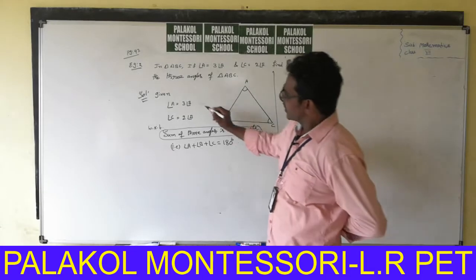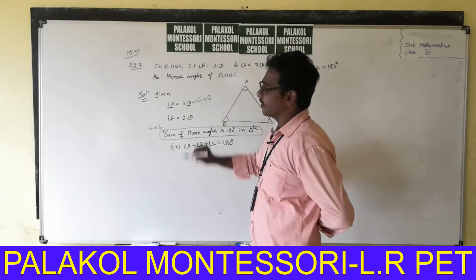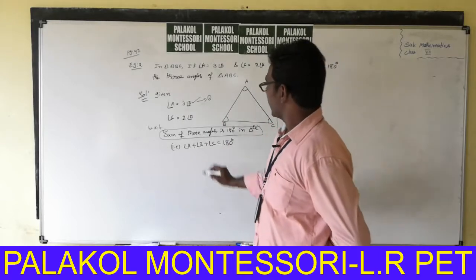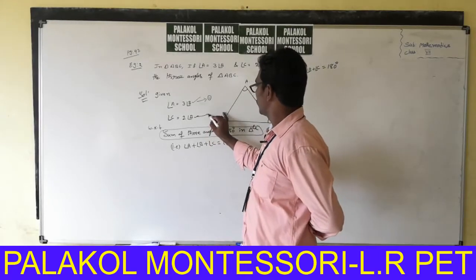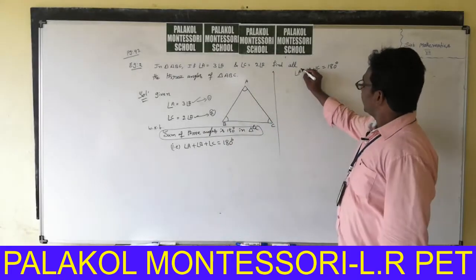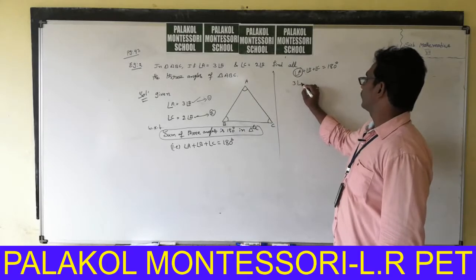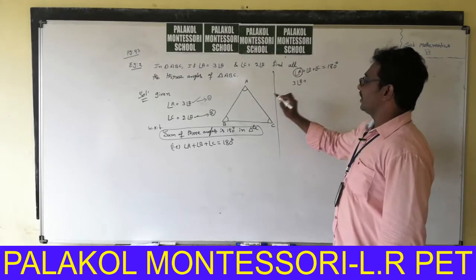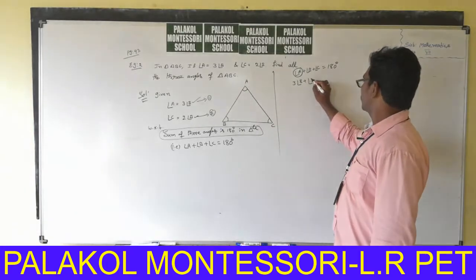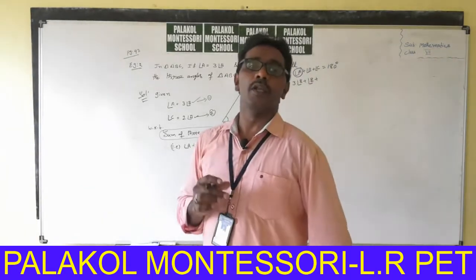Guys, see, angle A value is given as 3 angle B, angle C value is given as 2 angle B. So in angle A's place I write 3 angle B. In angle B's place nothing is given, so the same angle B comes down.